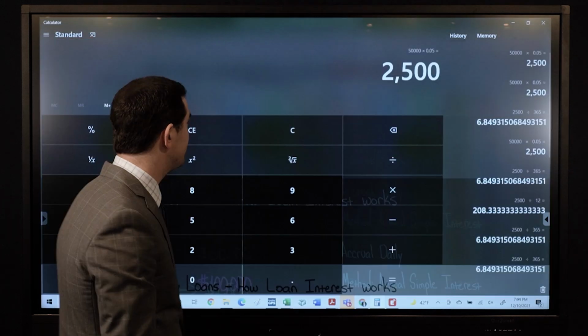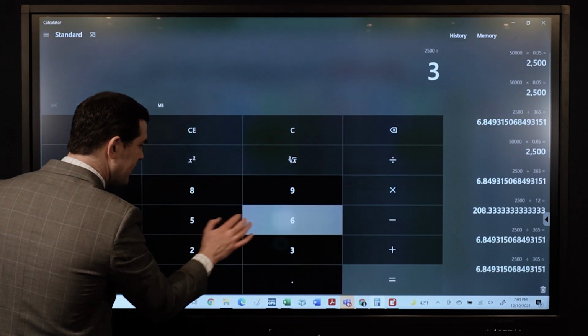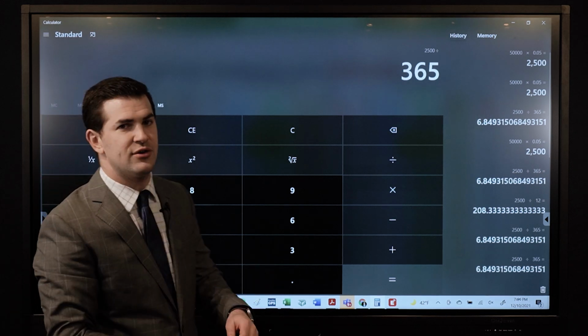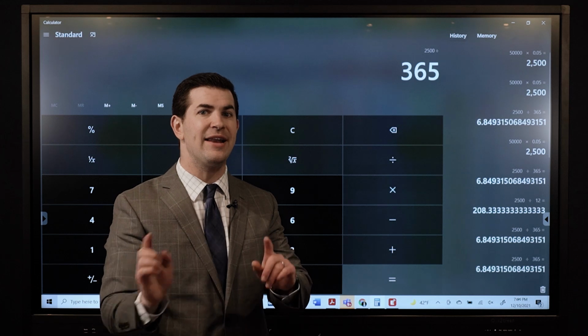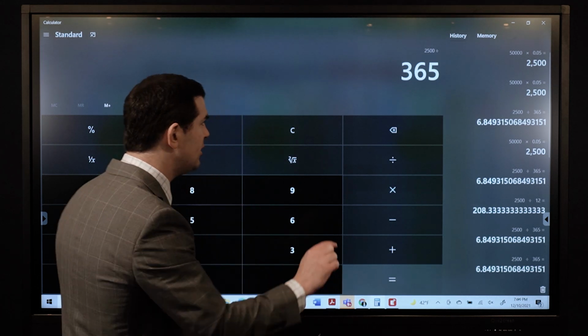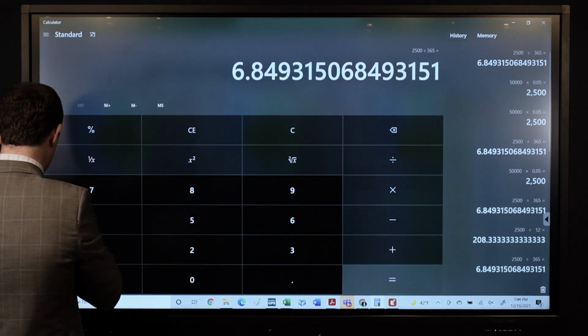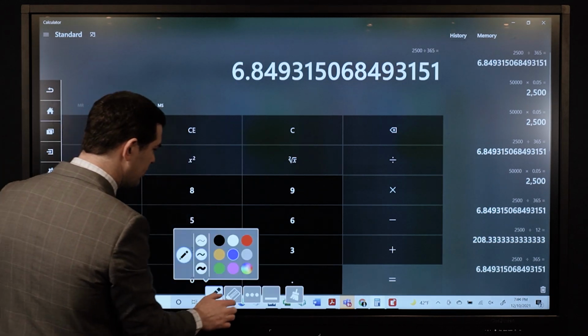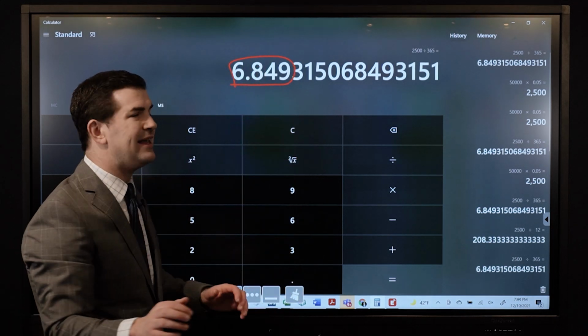Here's the $2,500, and you would divide that by 365 days. Remember that the industry uses what term? It accrues daily at annual simple interest. So when we divide it by 365 days, that's the amount we have, $6 and call it 85 cents, that would accrue each day.